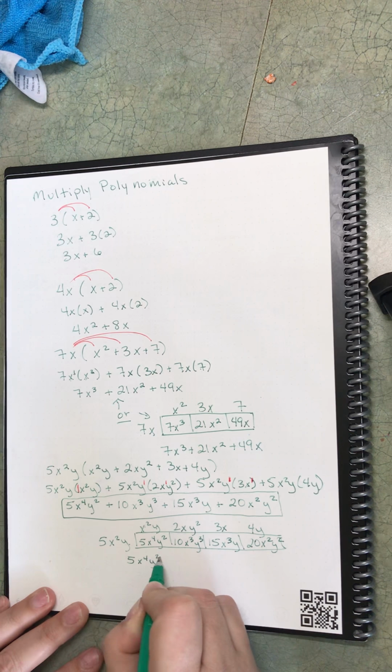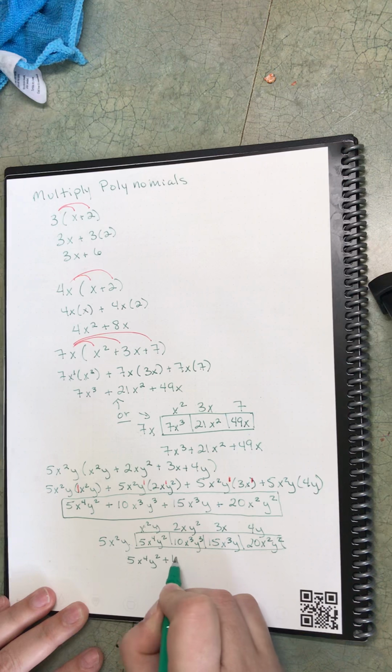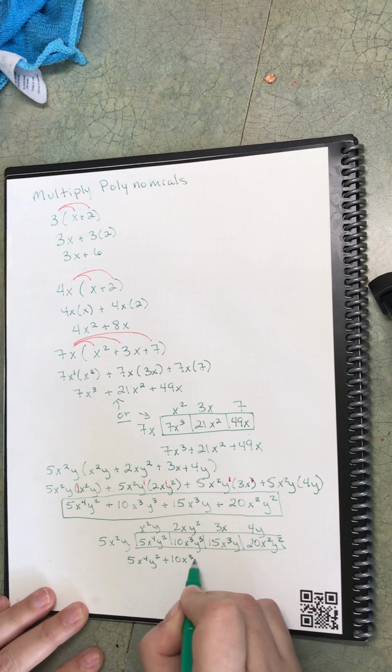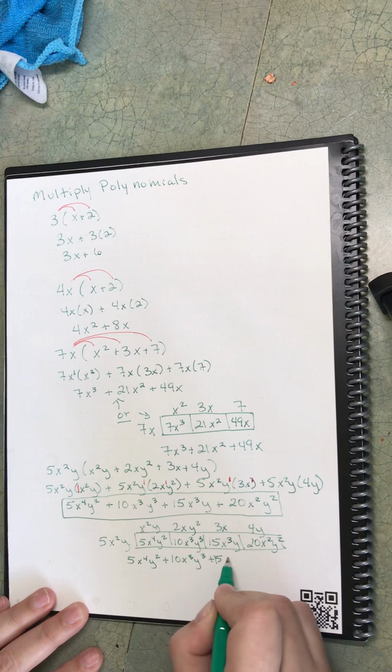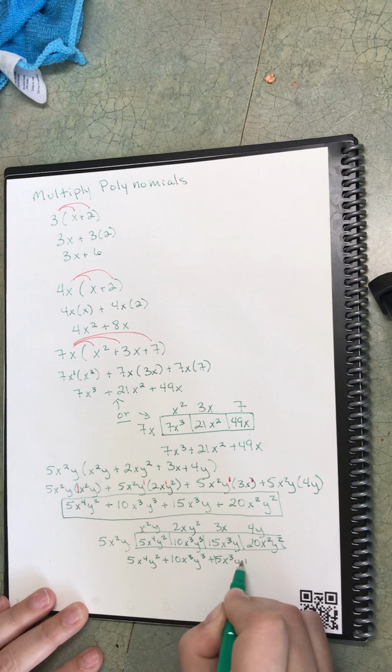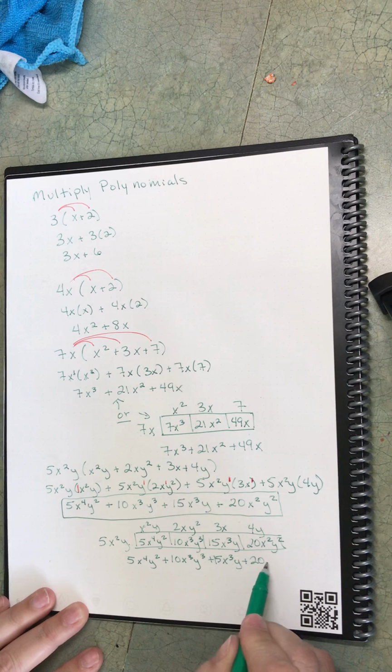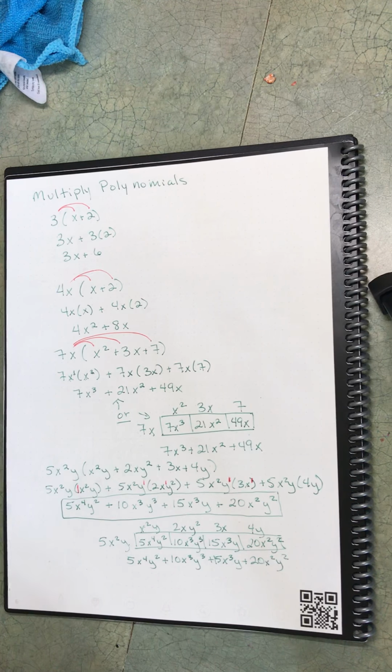These are all positive, so we don't have to worry about the signs, we're just adding them together. 15x to the 3rd y plus 20x squared y squared. All right, thank you.